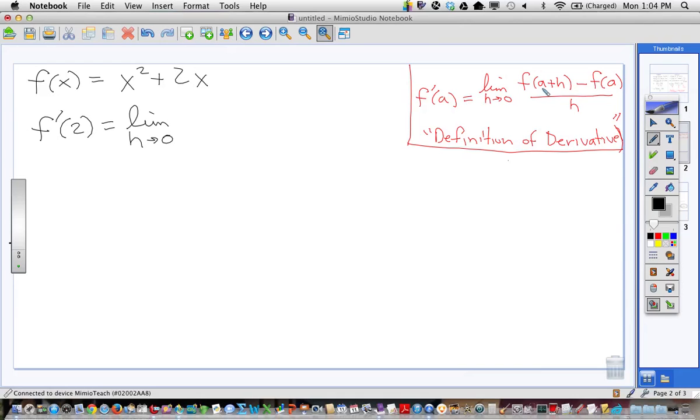I got to put a 2 right there where that a is, and I got to put a 2 right there where that a is. So I'm going to write f of 2 plus h minus f of 2 all over h, right? So all I did was follow my formula. I'm doing the slope at 2, so I need a 2 in place of the a, so I put a 2 there and a 2 there.